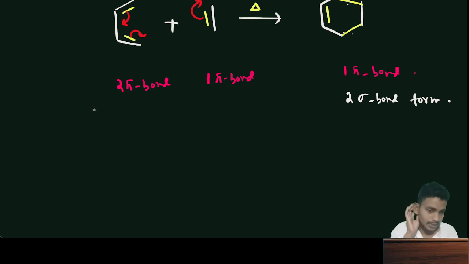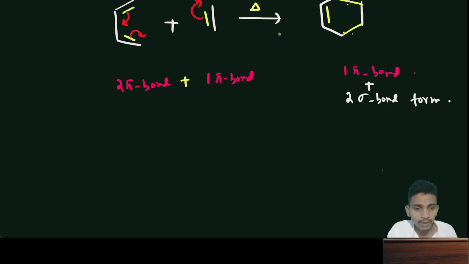So previously we had two pi bonds and one pi bond. Now after the product forms, it makes one pi bond with two sigma bonds, because we are leaving this white sigma bond aside. We are talking about the pi bonds. So this is 1, 2 pi, this is 1 pi.